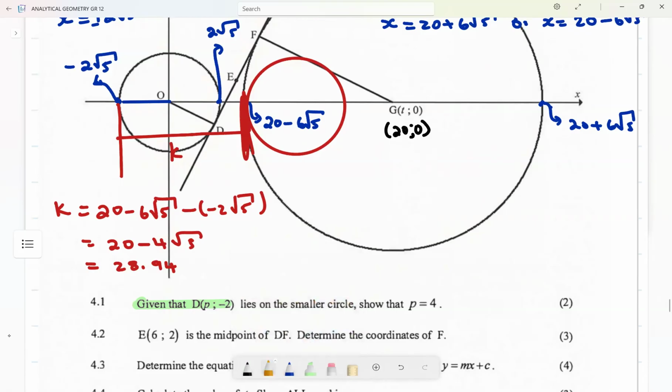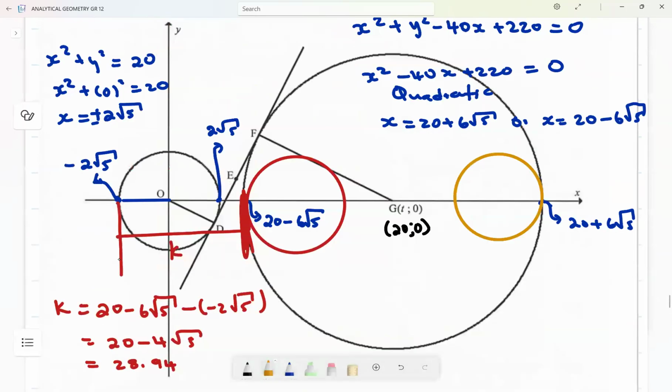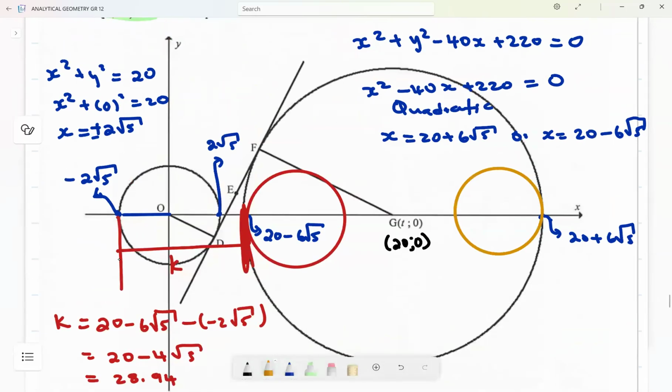But this is not the only possible option. The other option is that I can take my circle and bring it here. It also touches once again internally. Again, we want the condition that it touches the larger circle internally, and it can only touch once.